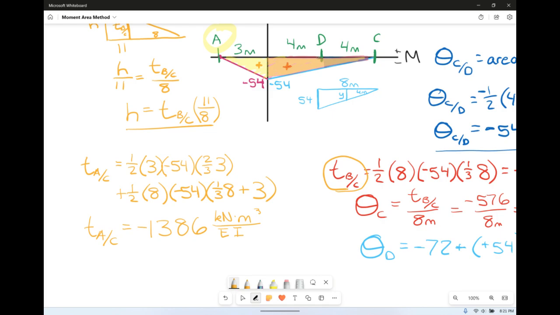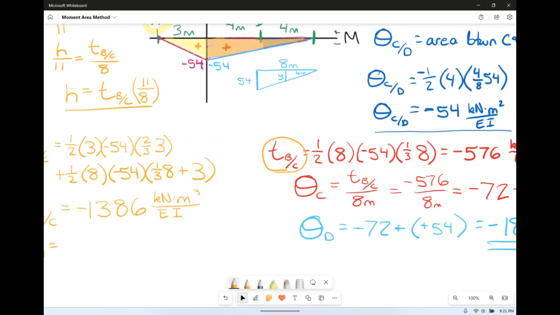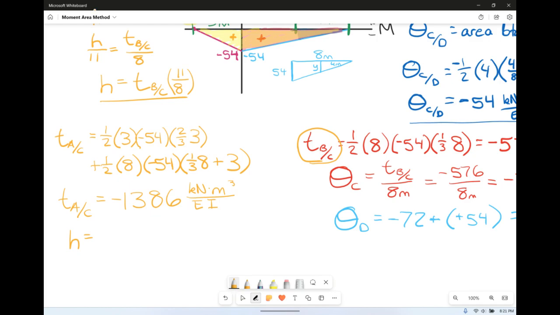Super fun, right? And again, we want to find H. So H is equal to, we found that guy to be -576. So -576 times 11 over 8. H is going to turn out to be -792.